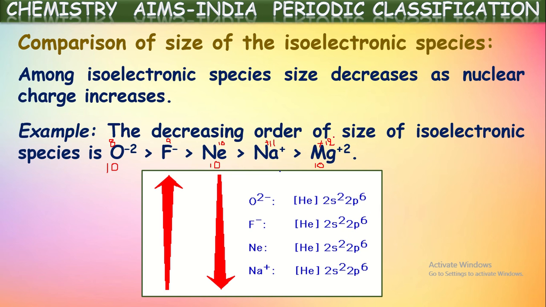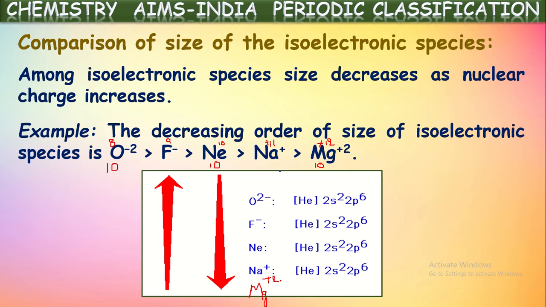So the size will be much greater for this. The greatest sized species is the oxide ion, or O minus 2 ion. Got it? As the nuclear charge increases, size decreases among the isoelectronic species. So it is shown here, the size decreasing. We can write Mg plus 2 here also.